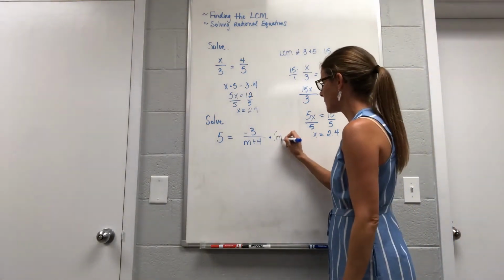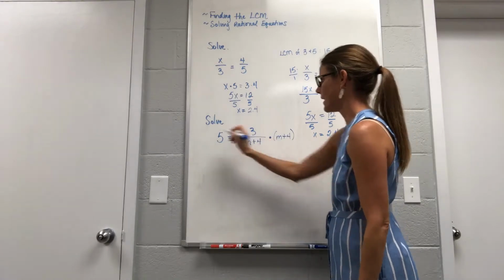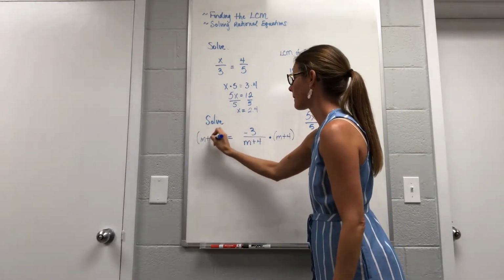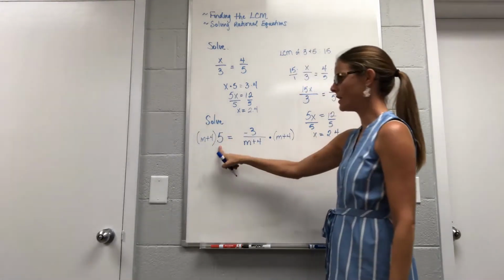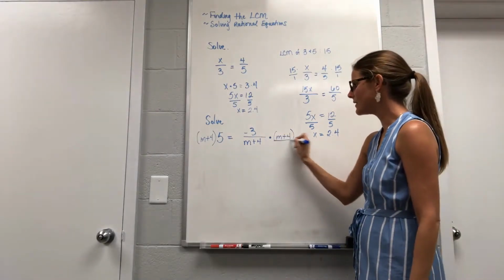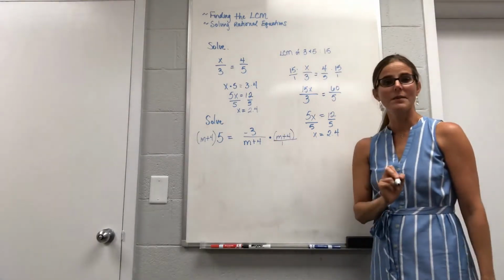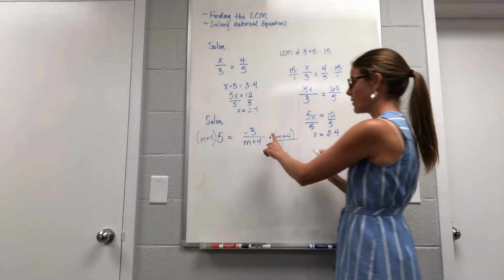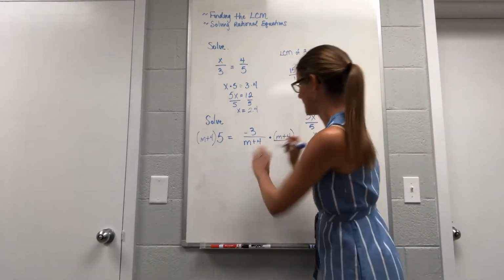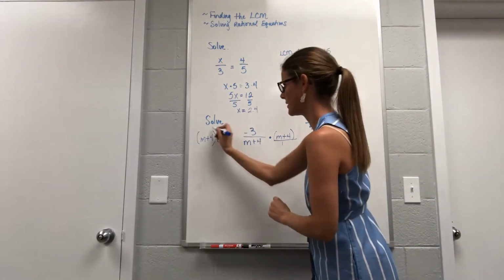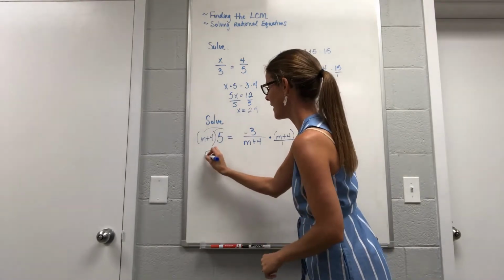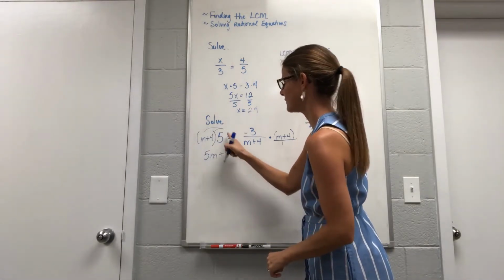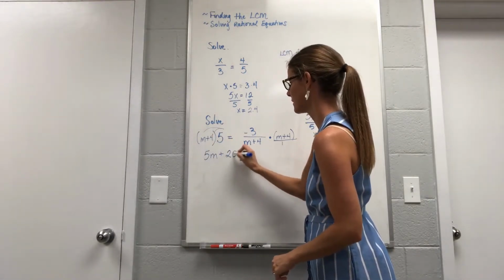So what I'm going to do is multiply by m plus 4 on both sides. So over here I'm just going to have to distribute. Notice over here, again, when you multiply, it's understood to be over 1. I'm going to start on the left and I'll come back to here, but we're going to distribute this. So we get 5m plus 5 times 4 is 20.